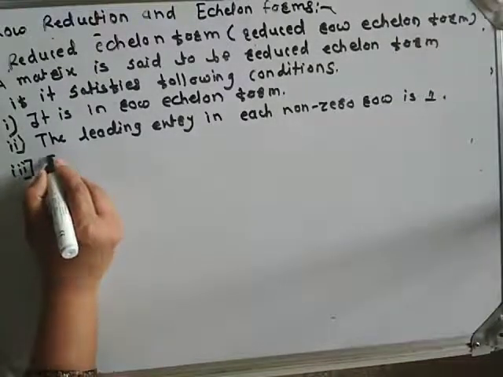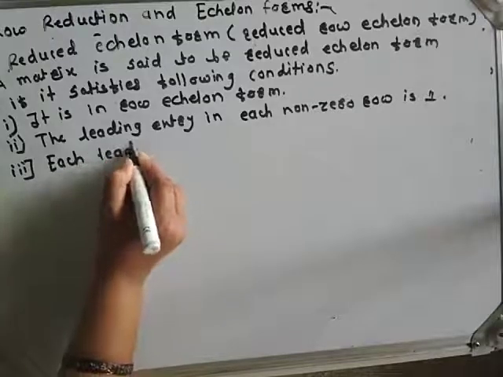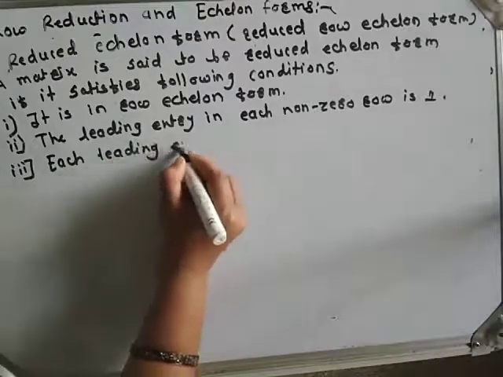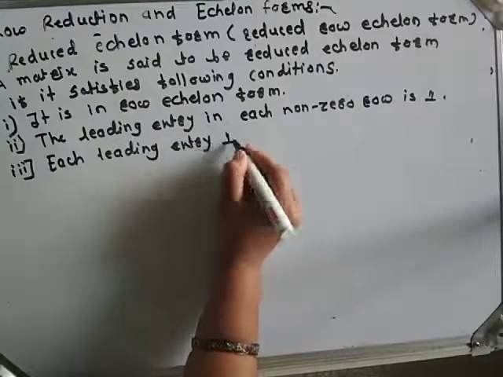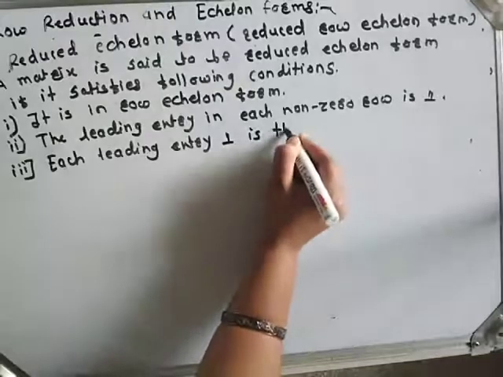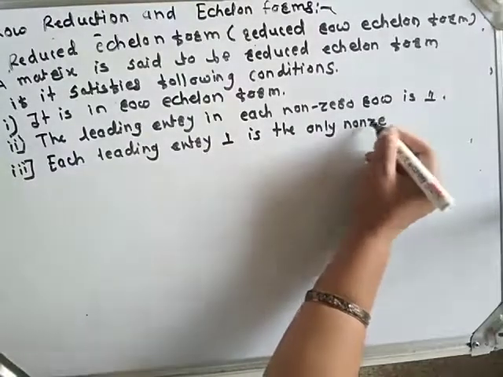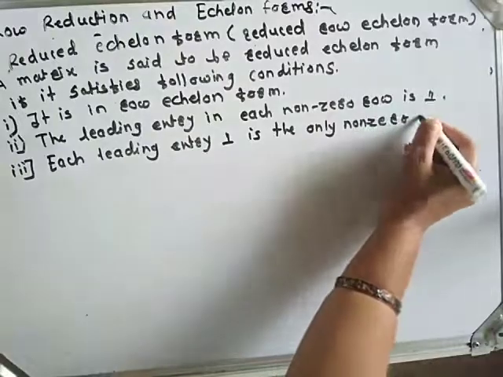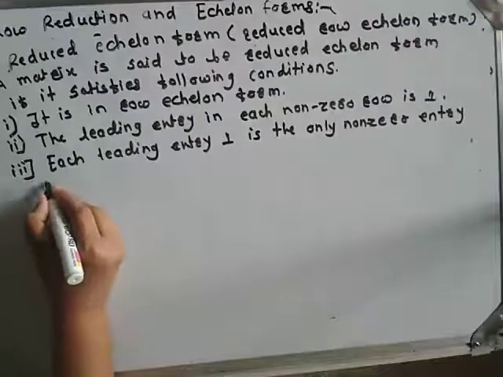Third is each leading entry 1 is the only non-zero entry in its column.